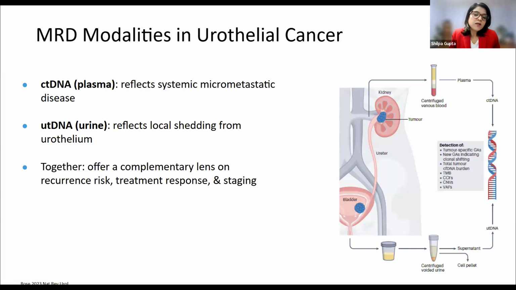Then we have the urine tumor DNA, where the cells are shed in the urine, and by name it suggests that it probably would be a better tool for localized disease, early detection, like non-muscle invasive disease probably. So together they can offer a complementary lens on recurrence risk, early detection, treatment response, staging, and monitoring.